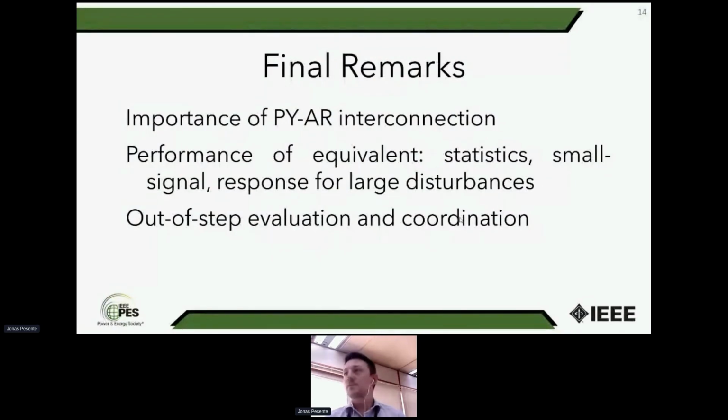As final remarks, we state that this interconnection between the Paraguayan-Argentinean and, of course, Uruguayan power systems is a large-size endeavor, impacting several companies and demanding assurance that the devices deployed to ensure power system operation safety will be good. So we had to test it, and one of the tests we had to do was to develop a system equivalent, which was presented in this work.